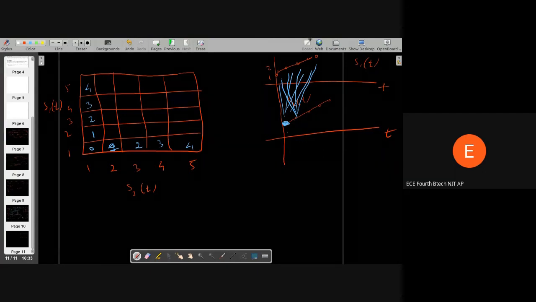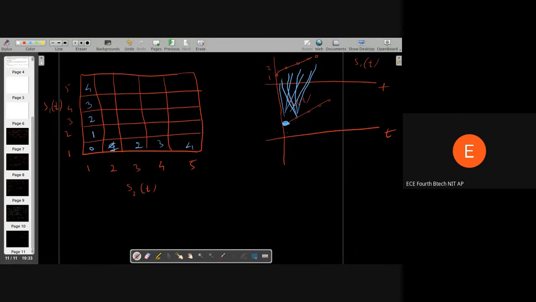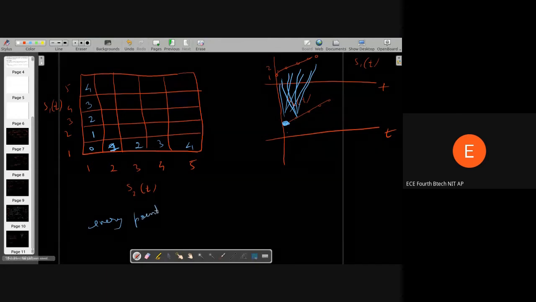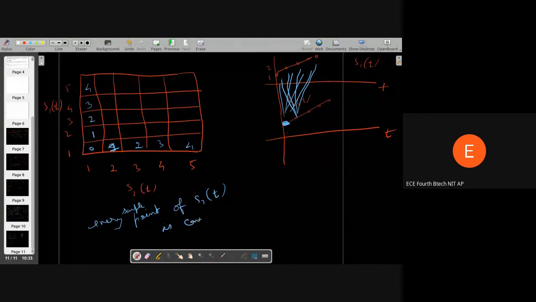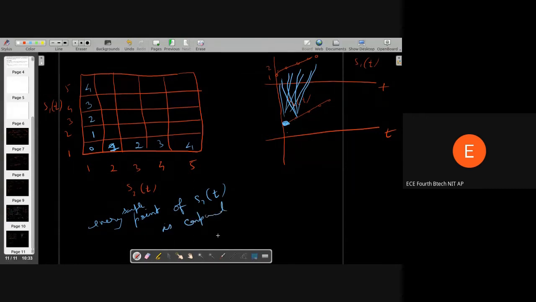So you can find a matrix where every sample point of S1T is compared with every sample point of S2T. This is what you are doing.